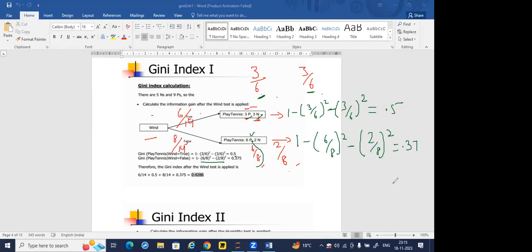Got the point here? 0.5 and 0.37 here. Now this one is only 0.5 calculated for this one. So 6 by 14 into 0.5 and 8 by 14 into 0.37. Okay, they both will be added. So 6 by 14 into 0.5 plus 8 by 14 into 0.37 gives 0.42. So it means the Gini index for wind.